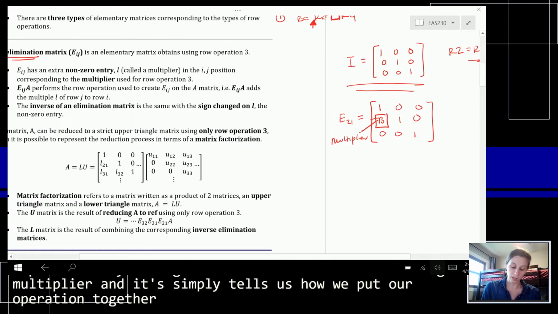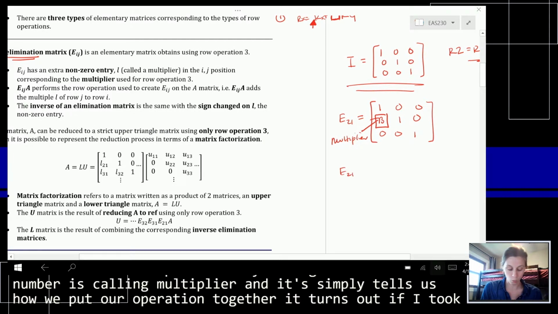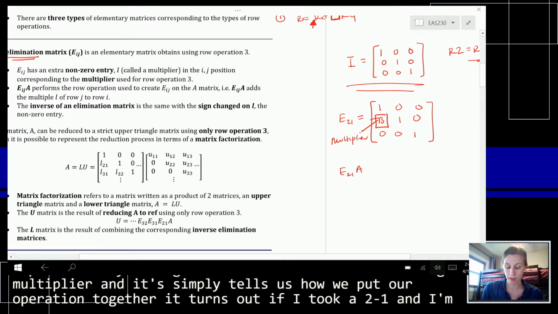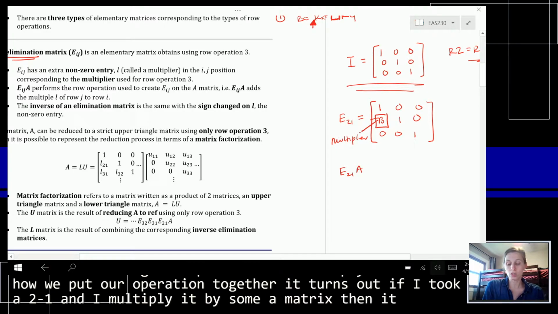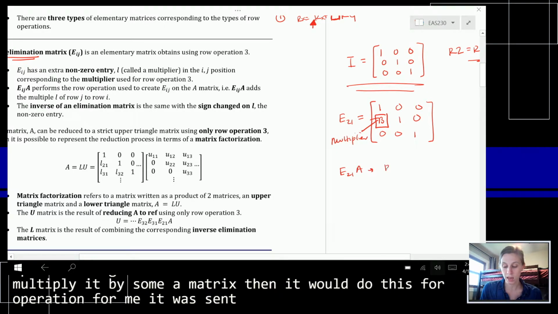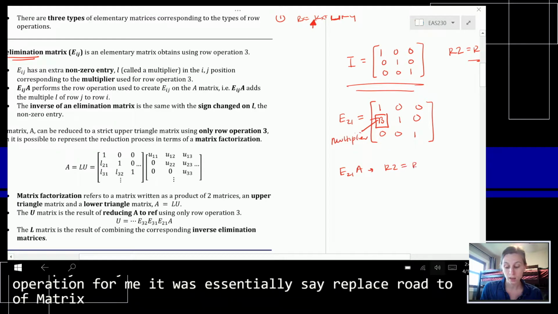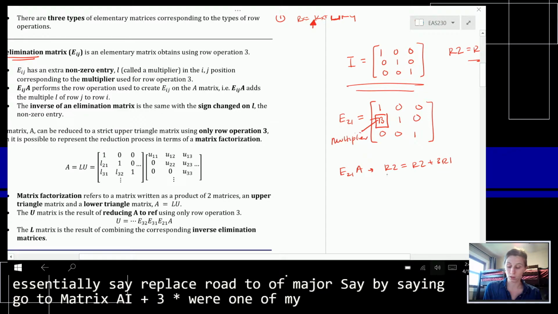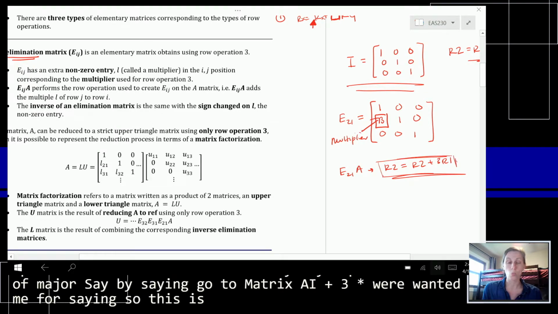It turns out if I took E21 and multiplied it by some A matrix, then it would do this row operation for me. It would essentially say replace row 2 of matrix A by row 2 of matrix A plus 3 times row 1 of matrix A. So this row operation would appear to have been done inside of my A matrix.